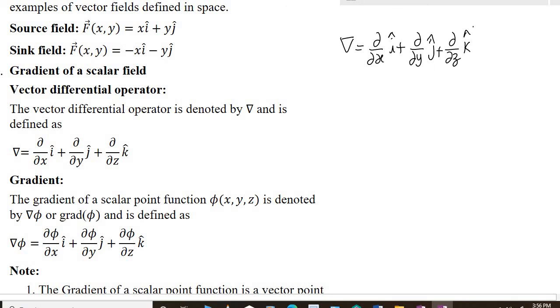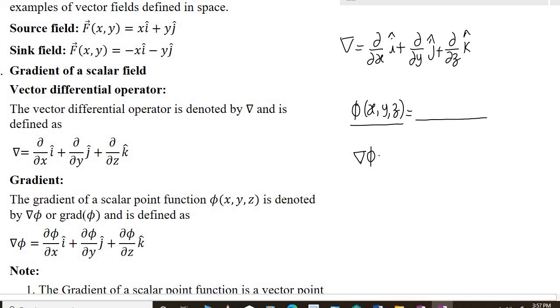Now I define gradient. Gradient is always defined for scalar point functions of the form f of x, y, z. That means phi of x, y, z, the function which is in terms of x, y, z, is denoted by grad phi.